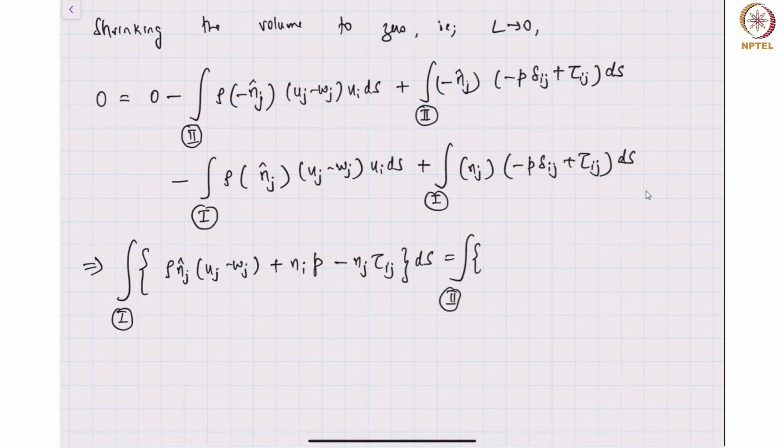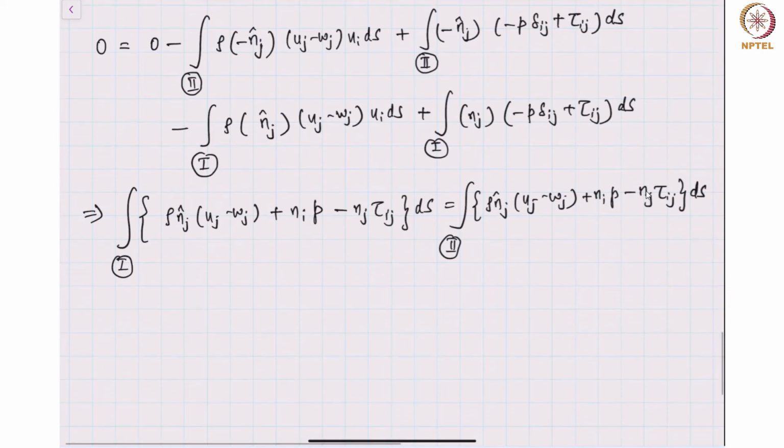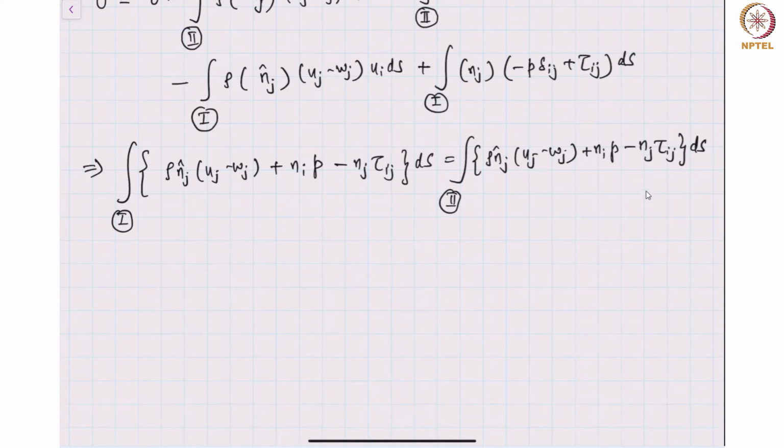same terms over region 2. That is rho n_j (u_j minus w_j) plus n_i p minus n_j tau_ij dS. Right? Now, because the integral again is arbitrary, I can directly equate the two terms inside the integral, and therefore I have rho n_j (u_j minus w_j) this is over region 1.